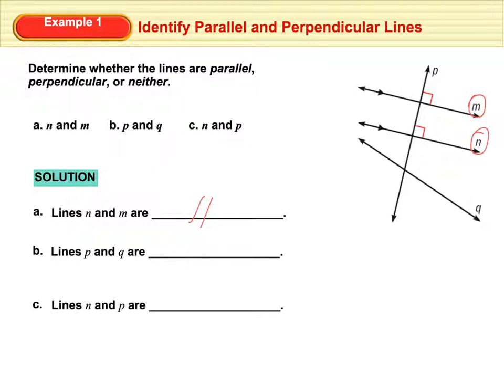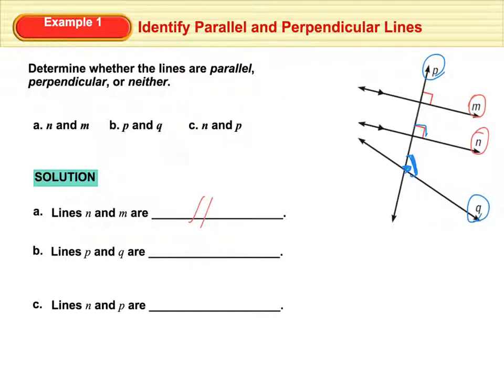Line P and Q, I'll change the color to blue. Notice that they obviously are not parallel because they intersect right here. And also notice this angle is clearly larger than this right angle on top. So therefore it's not perpendicular either.